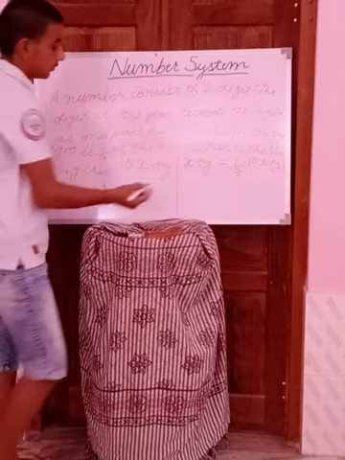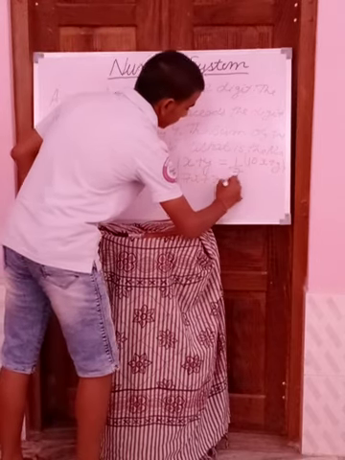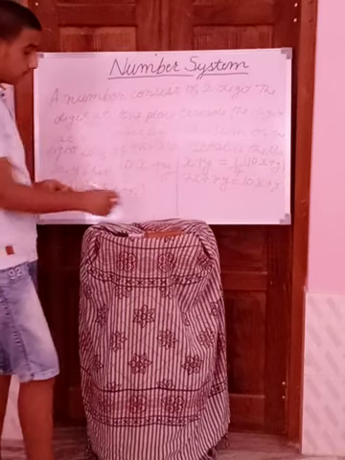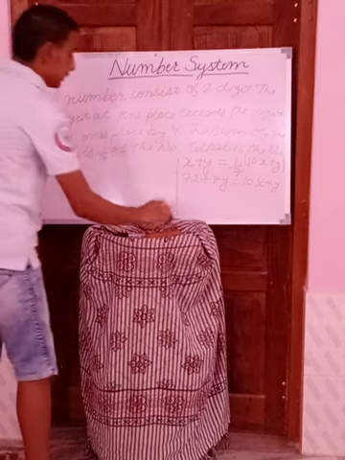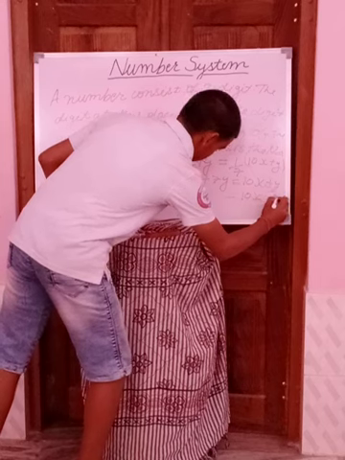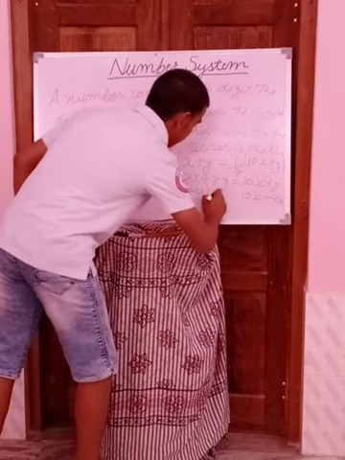So now let's solve it. 10x minus 7x, and then this y came here.